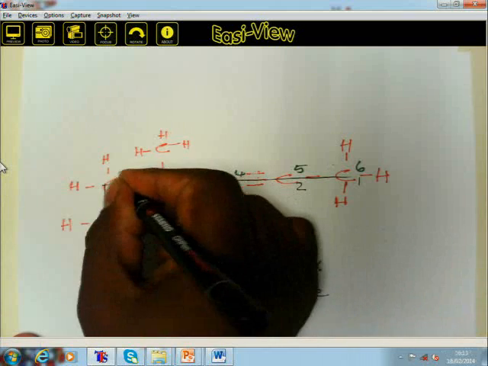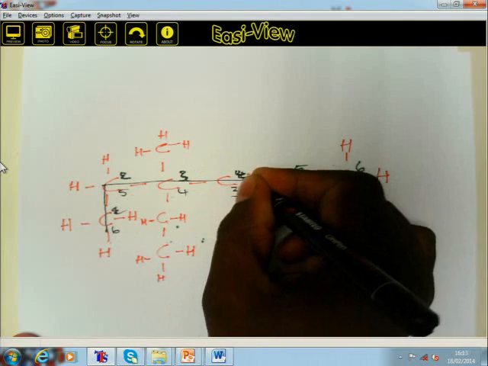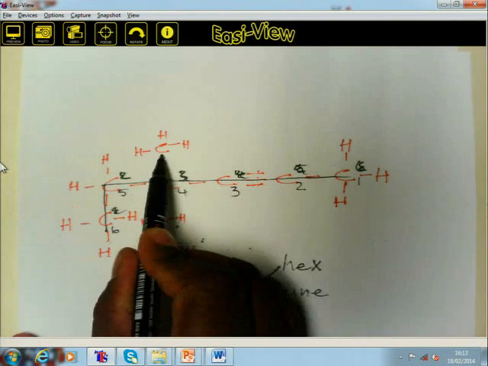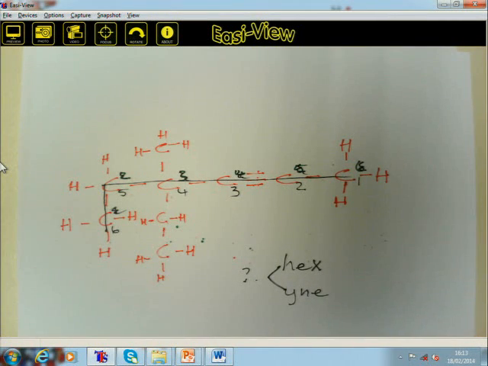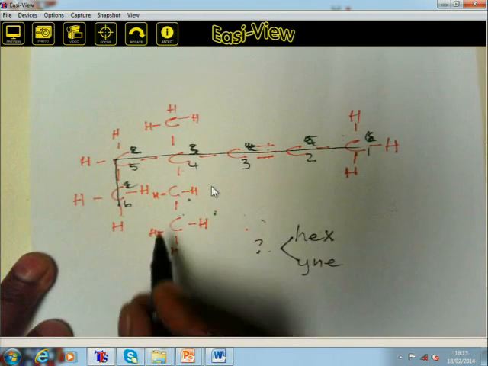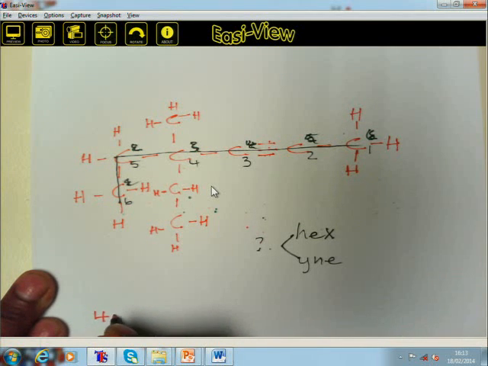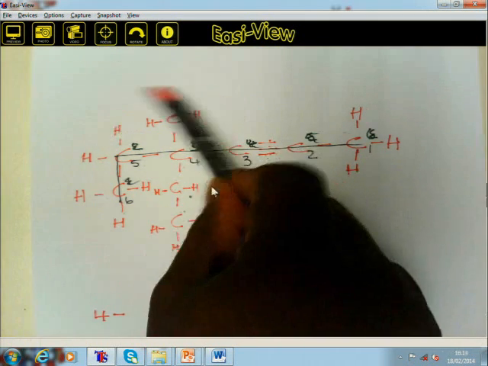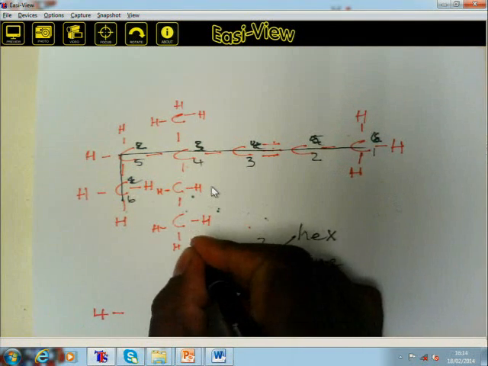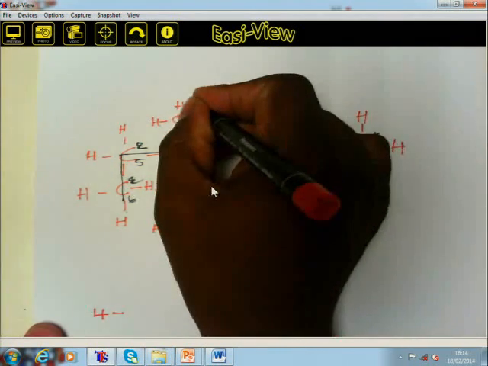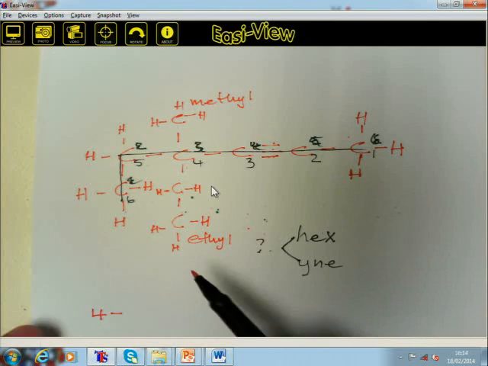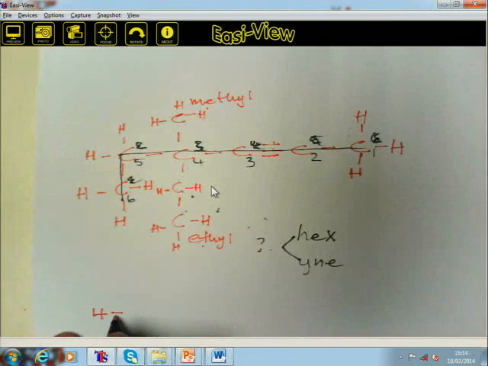Let me just cancel that one because I'm not taking it, so that I don't get confused. And then at carbon number 4, I also have a substituent. So if I have to write the name, at carbon number 4, I've got substituents ethyl and methyl. If I remember my alphabetical order, I know that E comes before M.